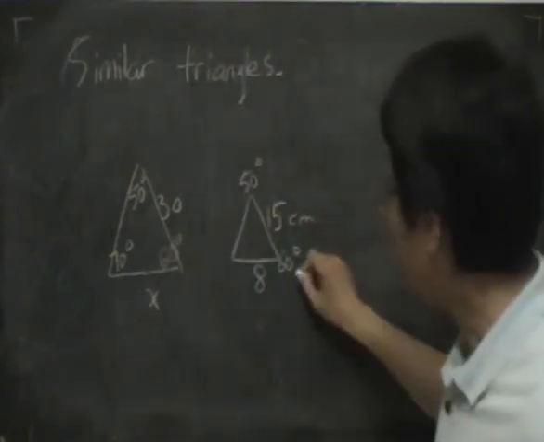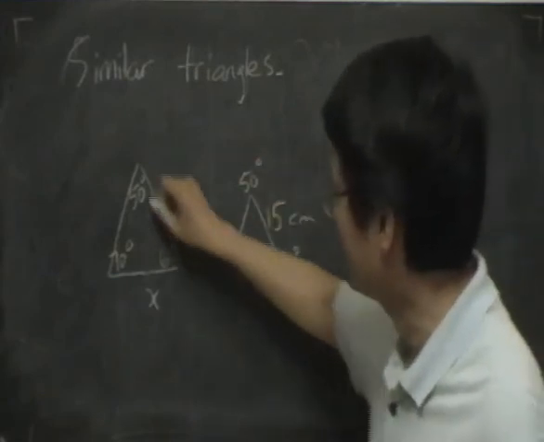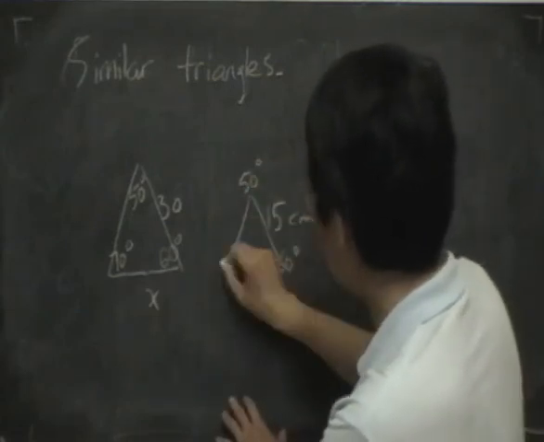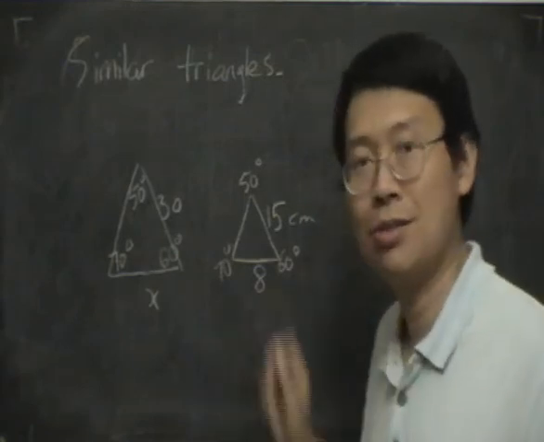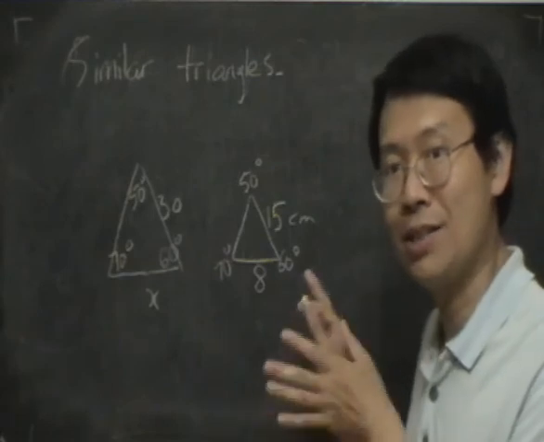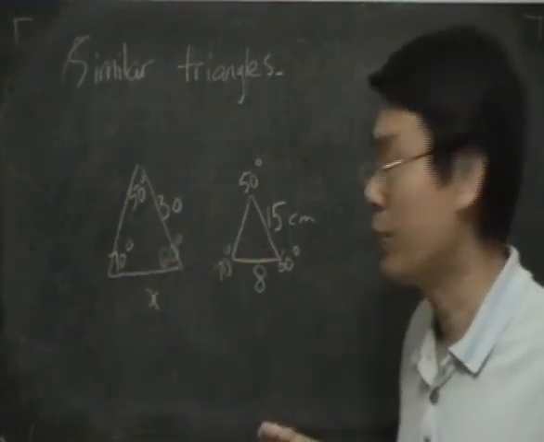Now, look at that angle. That is 60. 60 and 50. Right? So likewise, we can calculate this angle and it will turn out to be 70. So now we have all the angles and we can see that the angles are indeed the same.